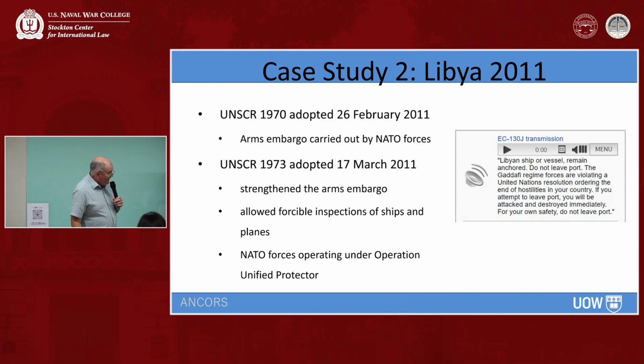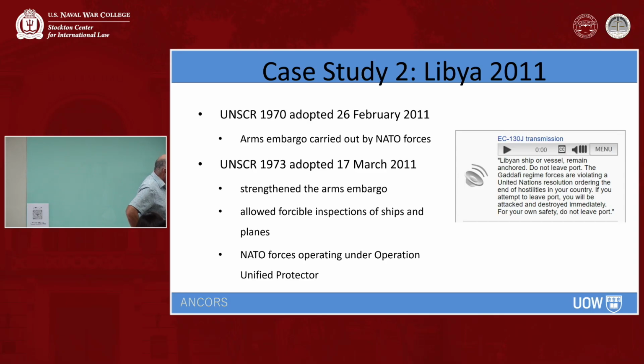Changing a few years later to the situation that took place in Libya in 2011. This was an example of the UN Security Council putting measures in place through a number of resolutions there to say what could or could not happen. And an example there that you may not be able to read very well is a transmission from an aircraft to a ship. "Do not leave port.